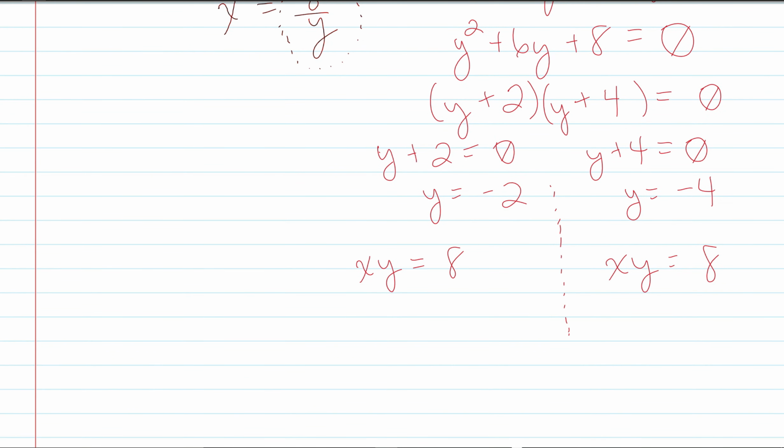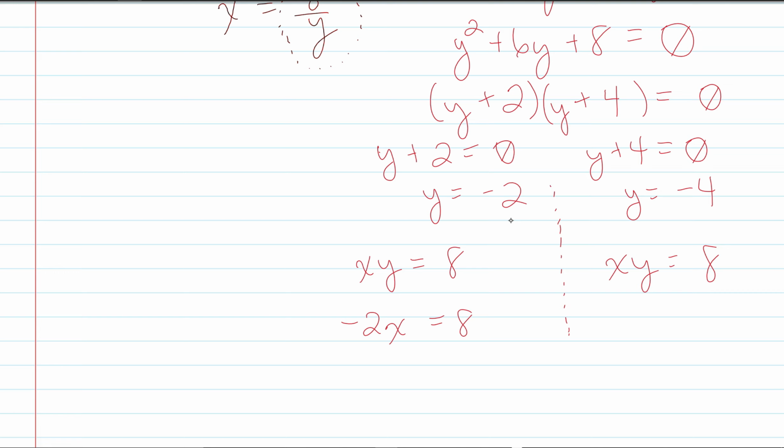So now I'm just going to plug in a negative 2 in for y. So x times negative 2 is negative 2x is equal to 8, right? Or you could very well write x negative 2, same thing, x times negative 2, but it looks much better, and we won't confuse ourselves if we write it as negative 2x.